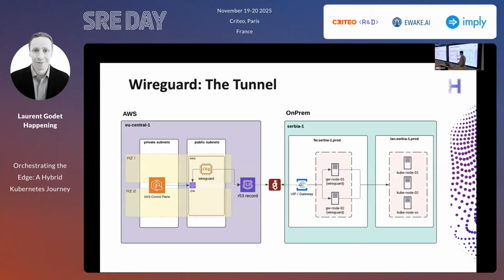And then the setup would look like we have a bunch of private subnets on AWS. We have some public subnets. And to enable communication from the EKS control plane all the way to the on-prem ends, we have an auto-scaling group on AWS that has at most one instance.